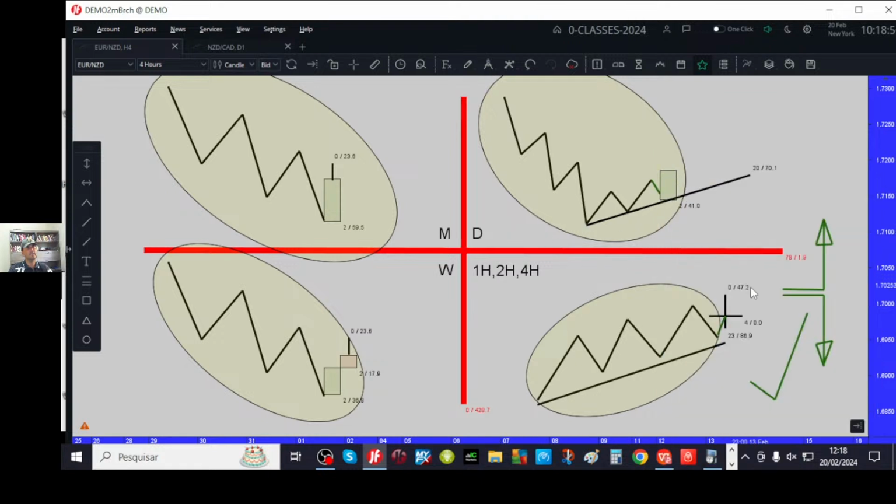Bullish candle on the daily. Are you going to buy or sell? Not that easy, right? This is not easy. I know. I did this on purpose.